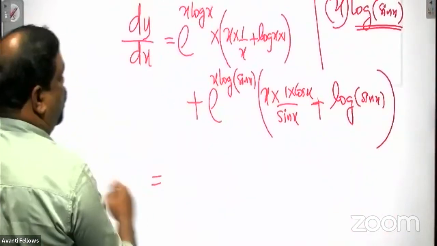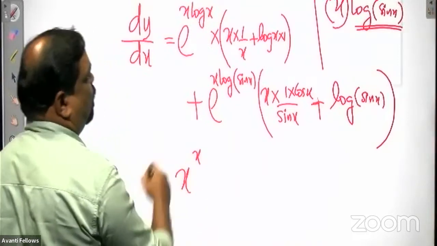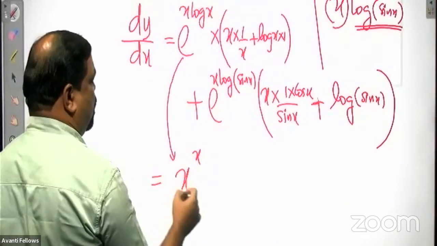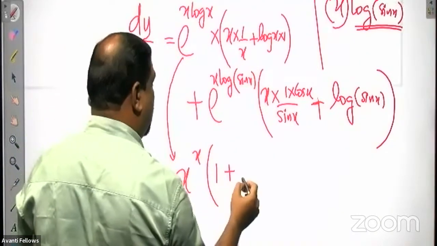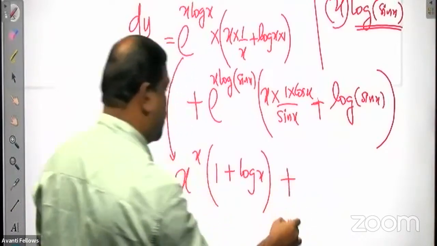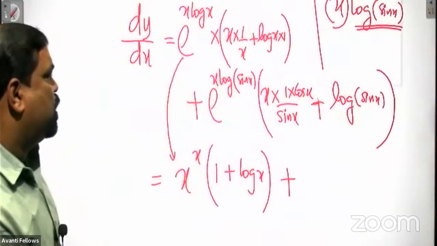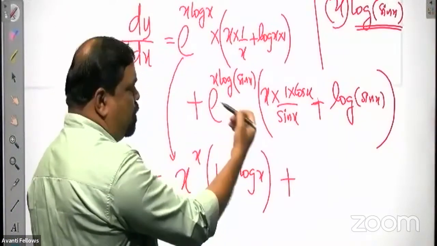That is equal to x raised to x into, in bracket, 1 plus log x, plus the second part also, e raised to x log sin x.